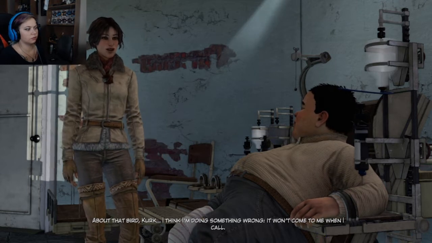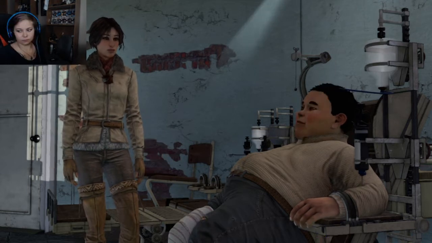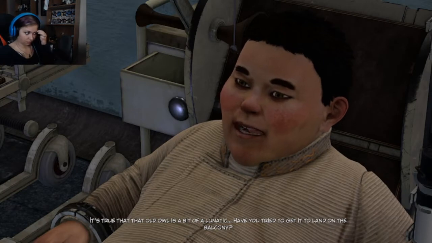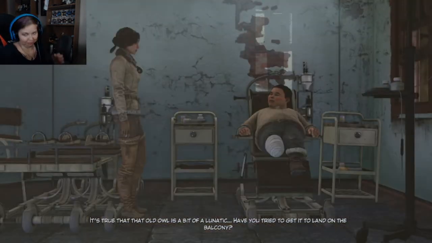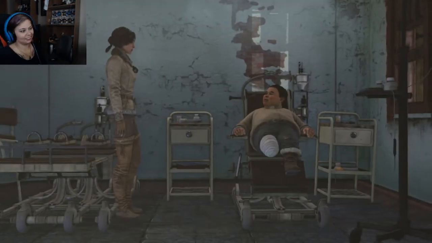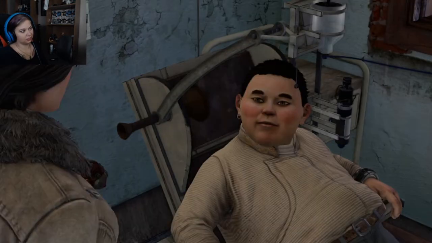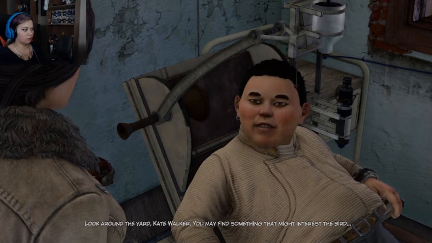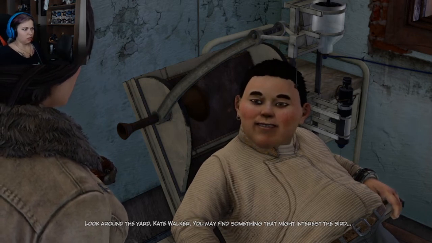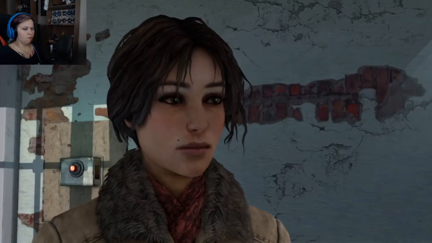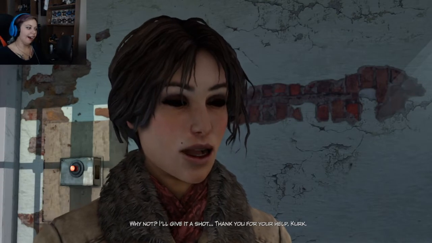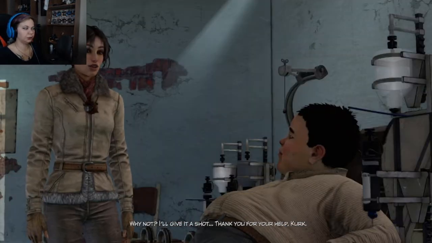It won't come to me when I call it. It's true that the old owl is a bit of a lunatic. Have you tried to get it to land on the balcony? No, but I don't see what I can use for that. Look around the yard, Kate Walker. You may find something that might interest the bird. Why not? I'll give it a shot. Thank you for your help, Kirk.